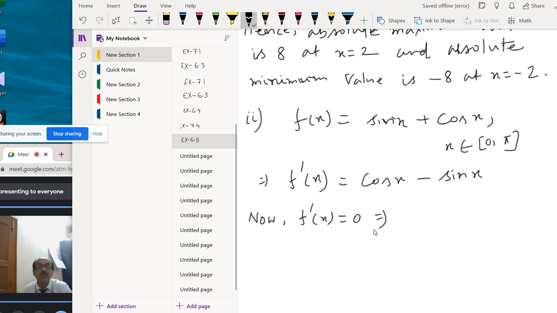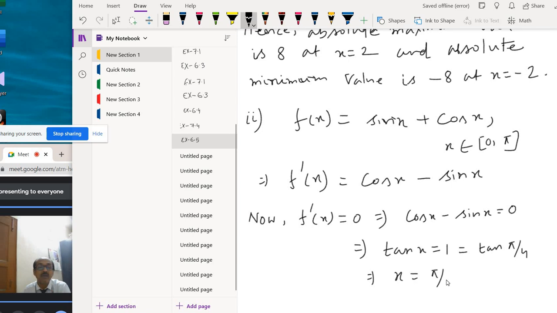This gives cos x minus sin x equal to 0. So this means sin x by cos x, tan x equal to 1. 1 means tan pi by 4. Therefore x equal to pi by 4.